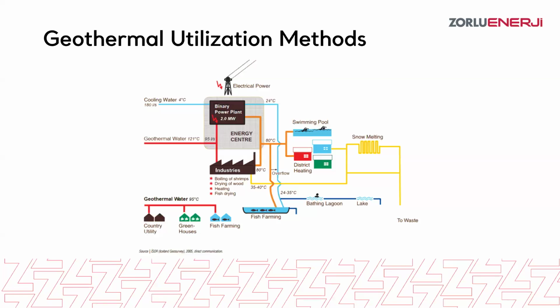After that, we are sending our geothermal fluid to nearby greenhouses, and with that we are also providing hot brine to nearby hotels to use in their spas. In addition to that, we are also heating the nearby province of Denizli with the geothermal brine that we have after the process.